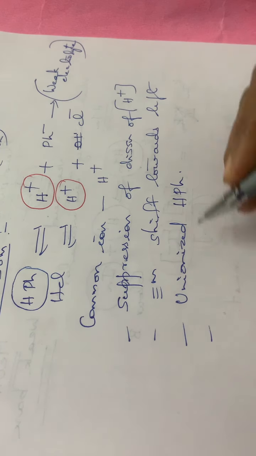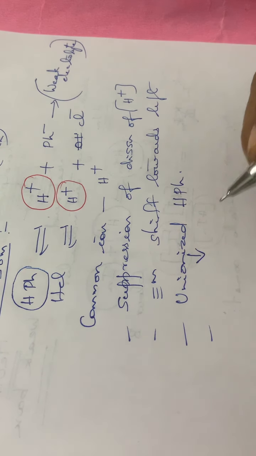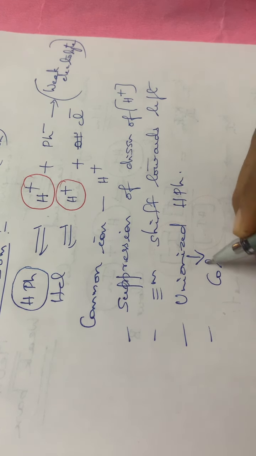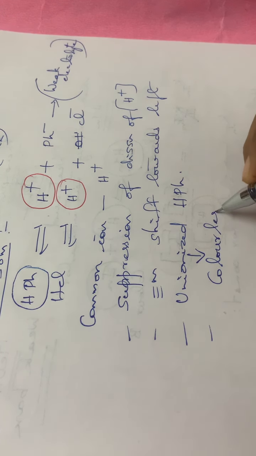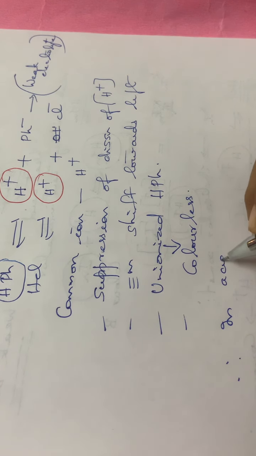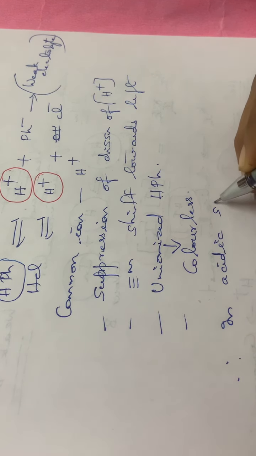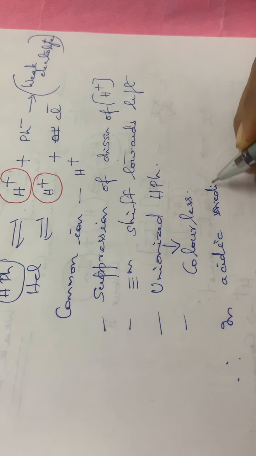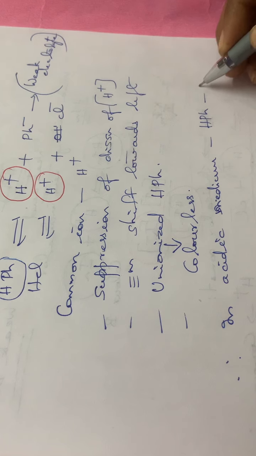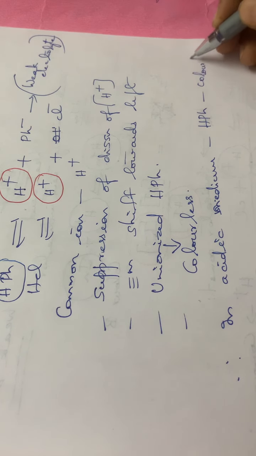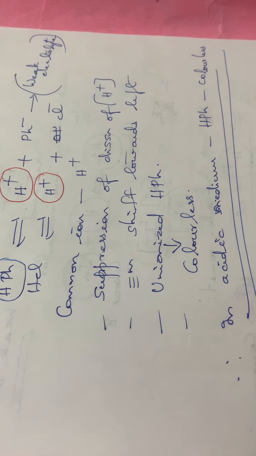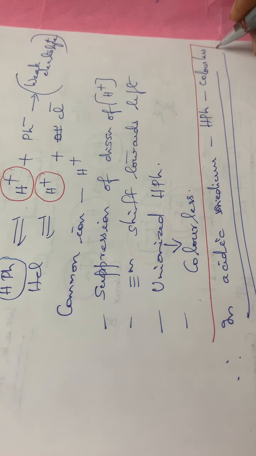And the color of unionized phenolphthalein is colorless. So in acidic solution, or acidic medium, phenolphthalein is colorless. That is the point you have to note down, and also the explanation, it is very, very important.